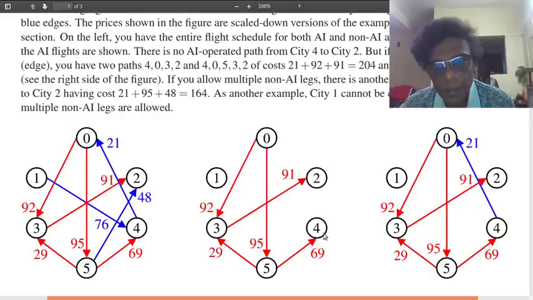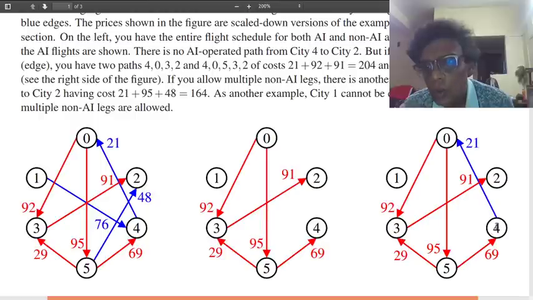So here is an example. There are two ways you need to handle this. From each city to each city which is not served by Air India, you are allowed to make only one non-AI leg.